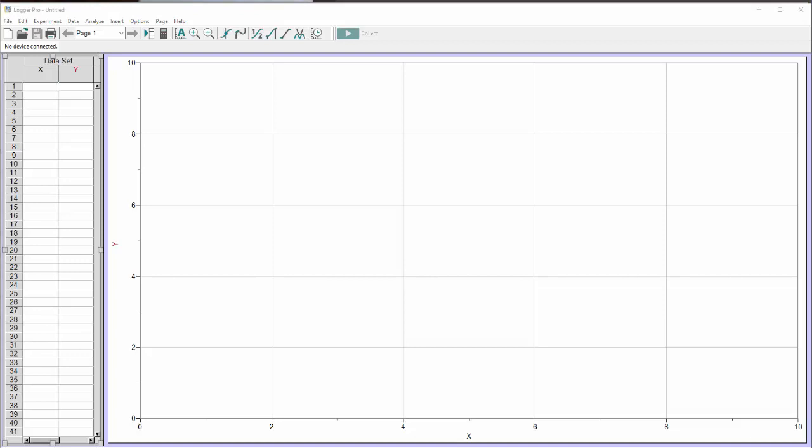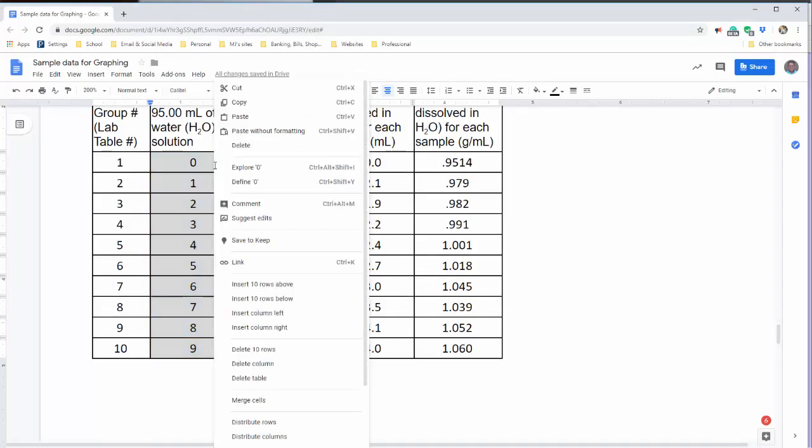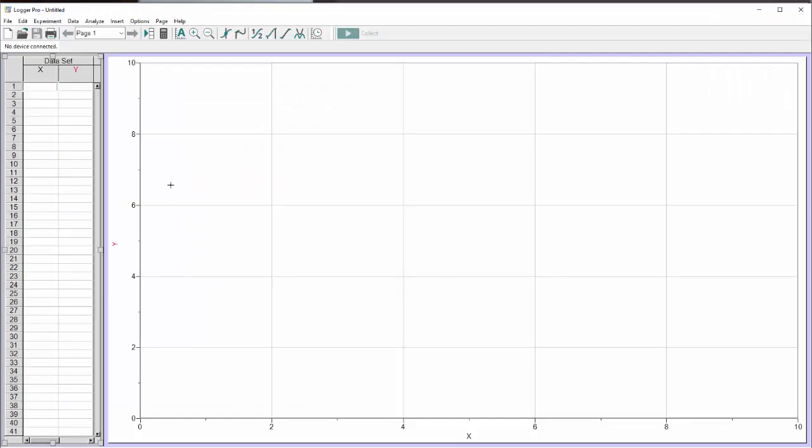All right, so let's go and find the table. So here's the table I want to use. I've highlighted this column of data. I'm going to right click and copy. You can copy it in any fashion that works; there are several different ways to do that.